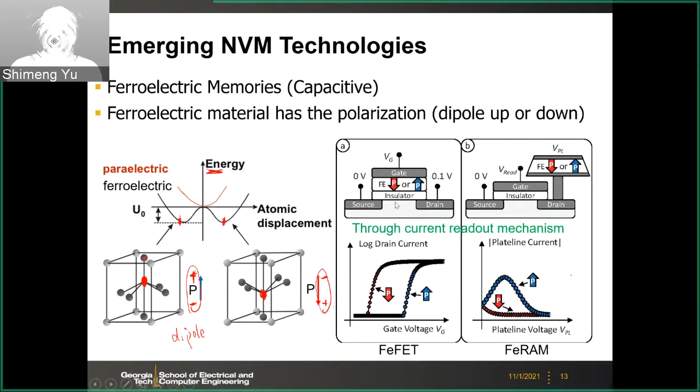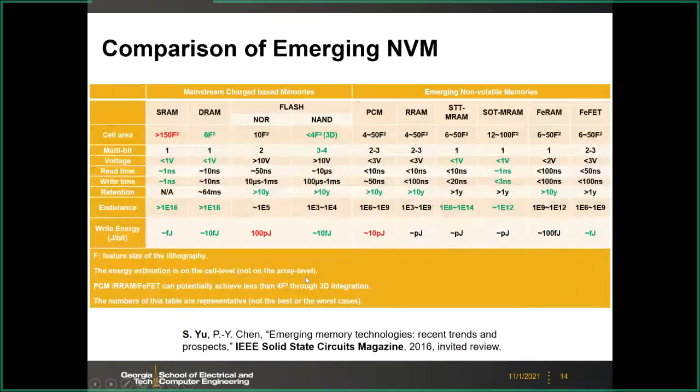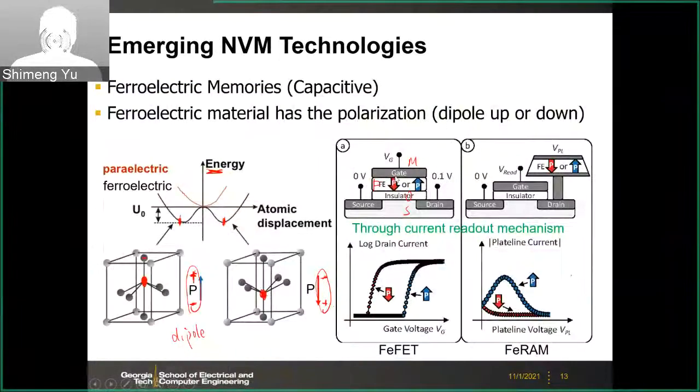And here, between the normal metal oxide semiconductor MOS structure, you have a ferro layer in the middle. The ferro layer will have this built-in dipole. And you can change the dipole configuration by applying gate voltage.